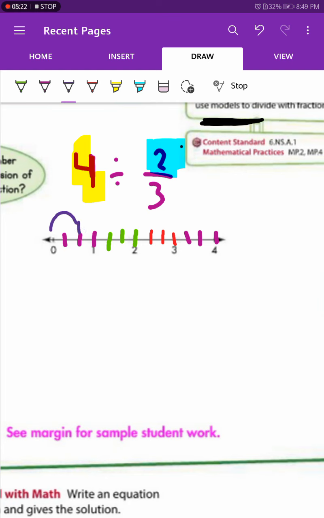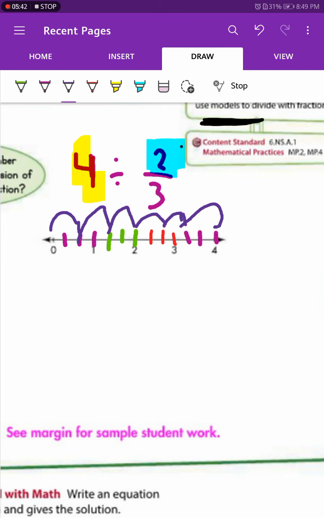The second jump, this is 2. Each time I jump by 2.